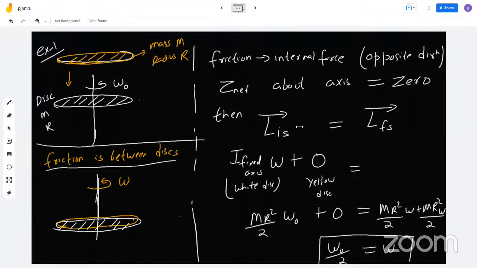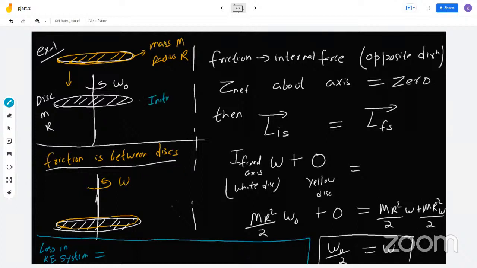If they ask you to find the loss in kinetic energy of the system, how will you calculate it? If there is a loss, which will be more, initial or final? Initial will be more.